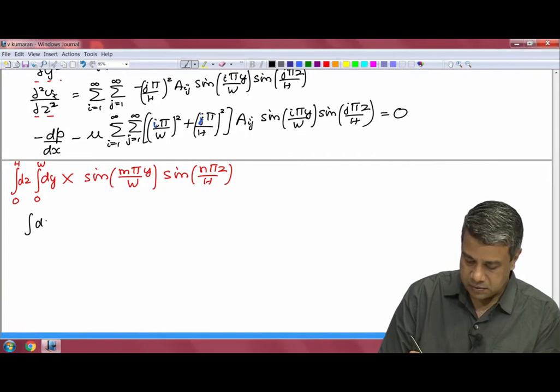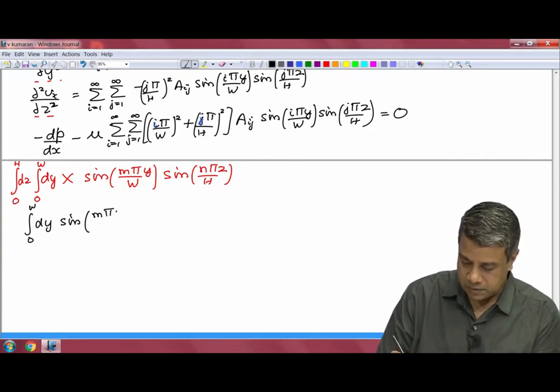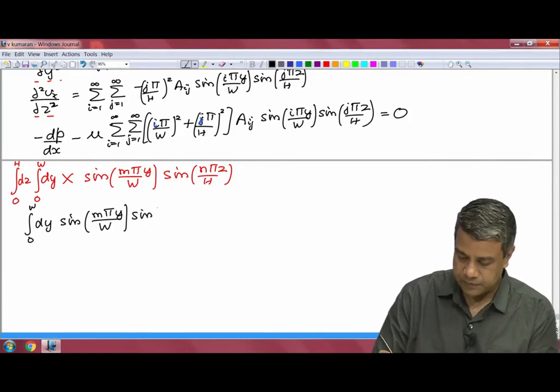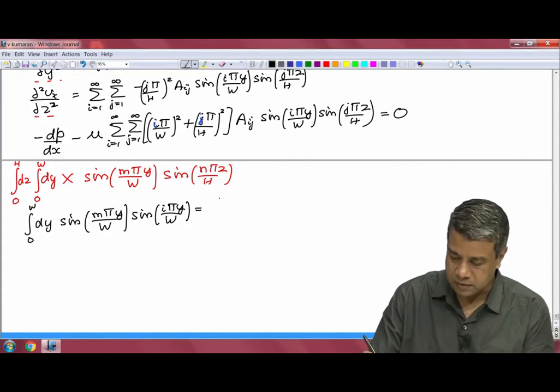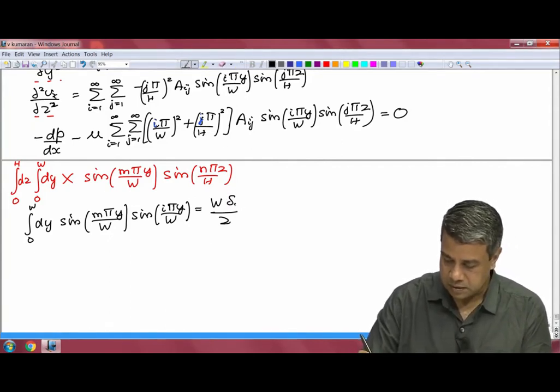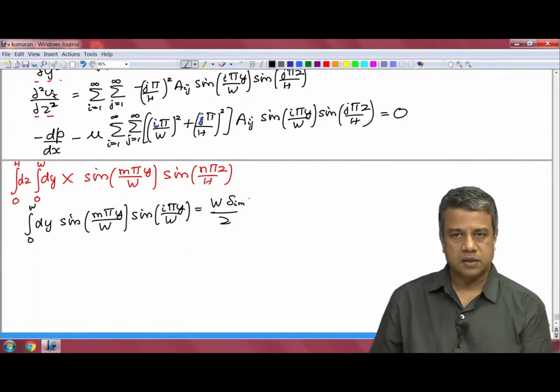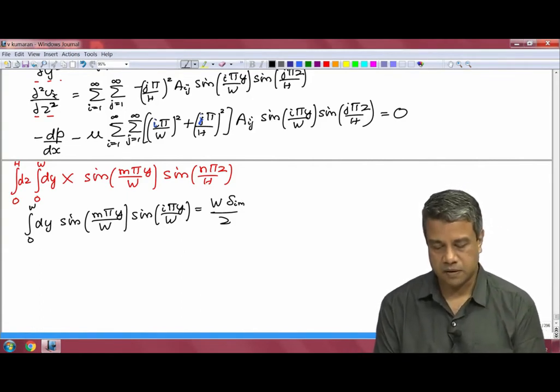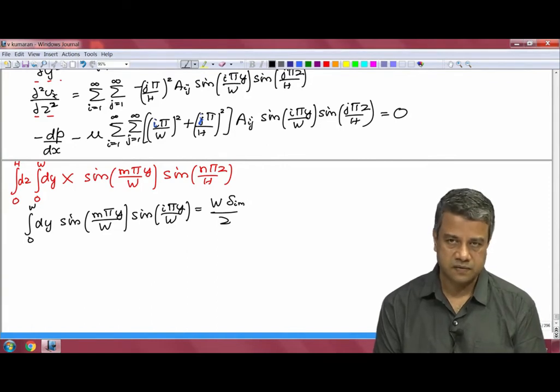Integral dy from 0 to w of sine of m pi y by w times sine of i pi y by w is equal to w delta i m by 2. You recall we just derived that by using a trigonometric identity for the product of sines as the sum of cos functions.